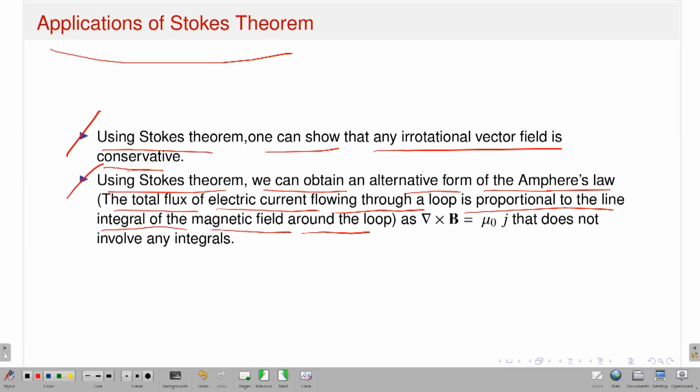The total flux of electric current flowing through a loop is proportional to the line integral, because the Stokes theorem connects the line integral and the surface integral, so it is proportional to the line integral of the magnetic field around the loop. So this is like the gradient cross B, which is exactly equal to mu naught J, that does not involve any integrals. Okay, so these are 2 applications of Stokes theorem.